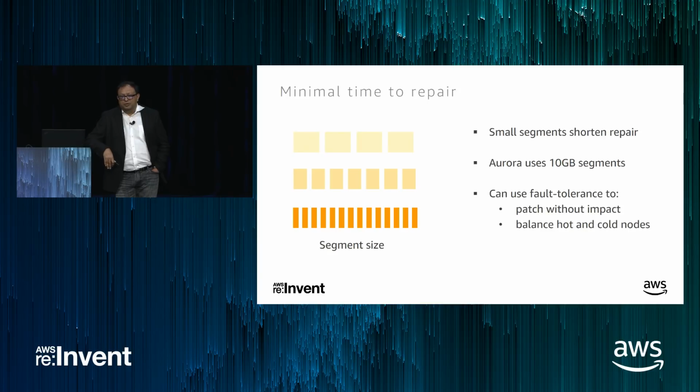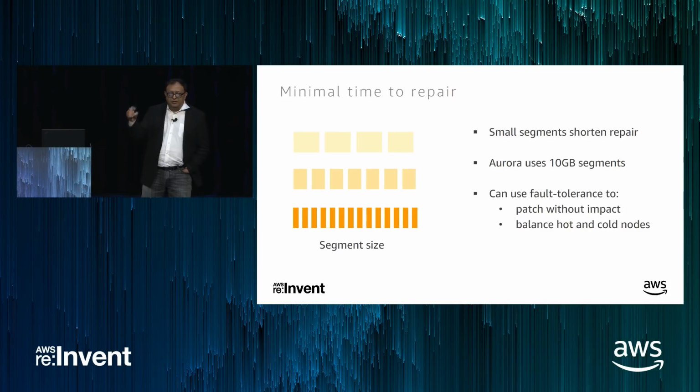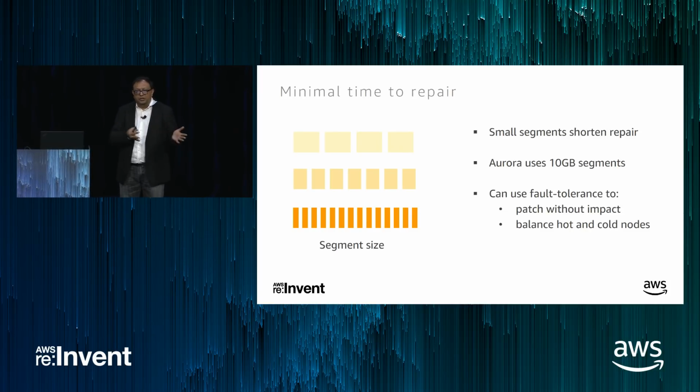For example, in most storage systems, it's a pretty big deal to patch because you're injecting a failure. In Aurora, it's not. As long as I've made sure that I've got 6 colors for the various segments of something, then I can basically patch any one color at a time, and as long as the system's fine, right? Because I've injected a failure for a subset of the system, but that's fine.